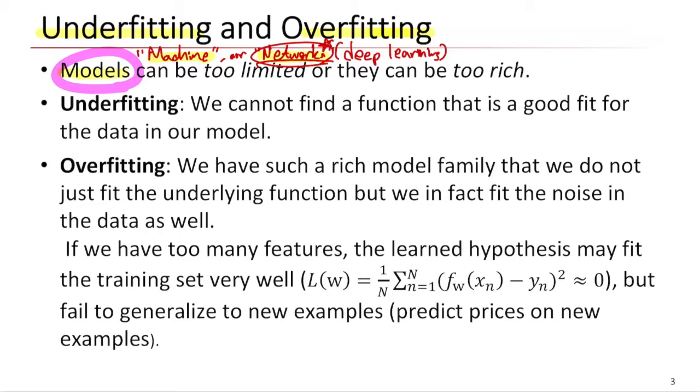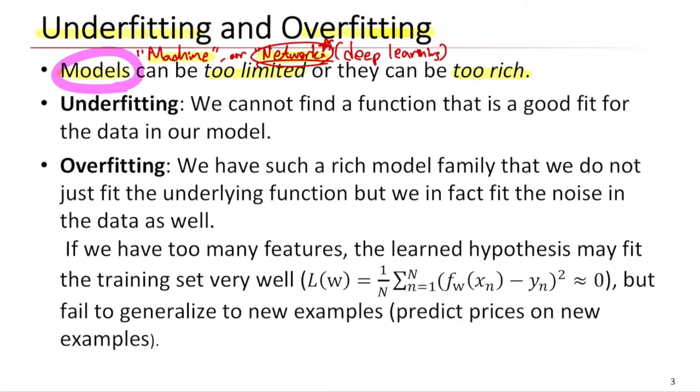There are several possibilities. The first possibility is the model can be too limited to model our training data, or it can be too rich to model our data. What does it mean?